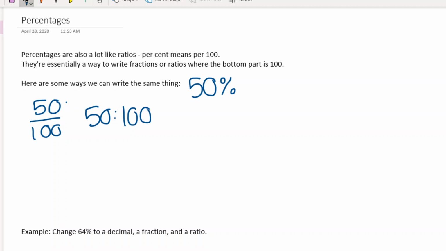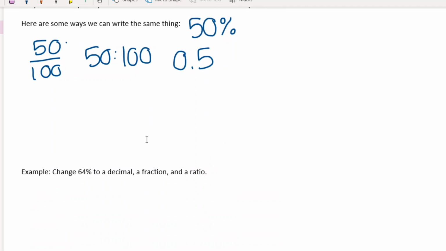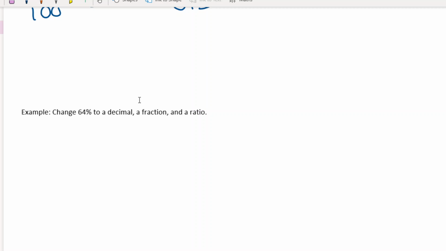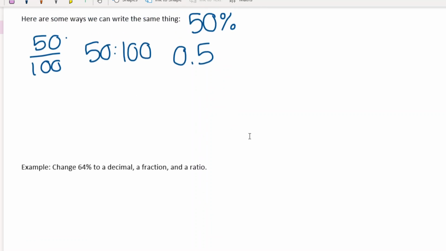Or we could even write that as the decimal 0.5. Right? And these all mean the same thing. They all are the same as 50%. It's just a different way to write it. And so when we change between decimals, fractions, ratio, and percentages, there's some math that we have to do in order to make that work.